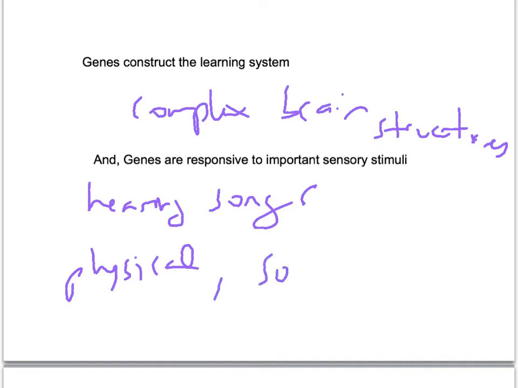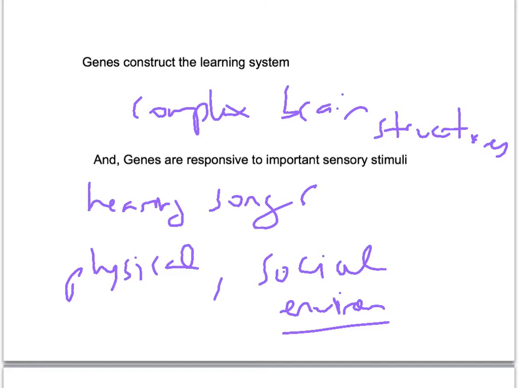The social environment. There's been some fascinating studies that if you take a baby bird and raise it in social isolation, okay, so no other birds are around, but you play it the tape of birds, it will learn to sing the exact song on the tape, okay?